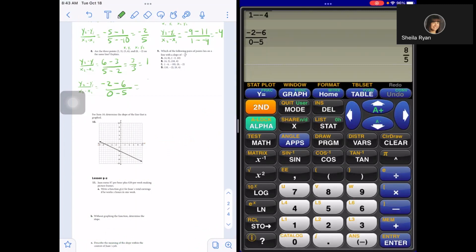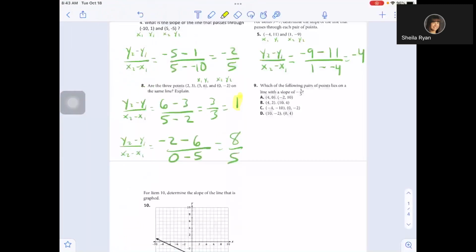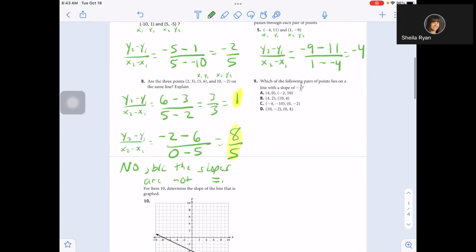We have 8 over 5. If we're looking at a slope of 1, we have a slope of 8 over 5. The points are not on the same line because the slopes are not equal. Remember, if they were all from the same line, then the slopes would be the same.